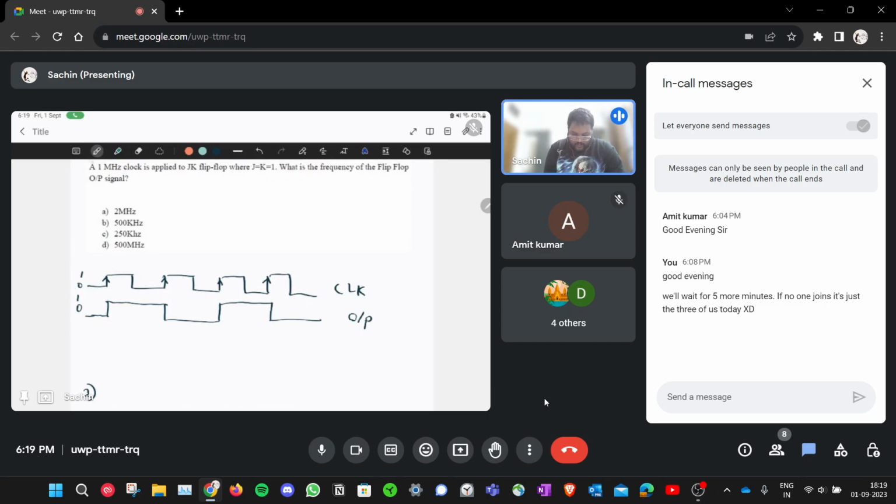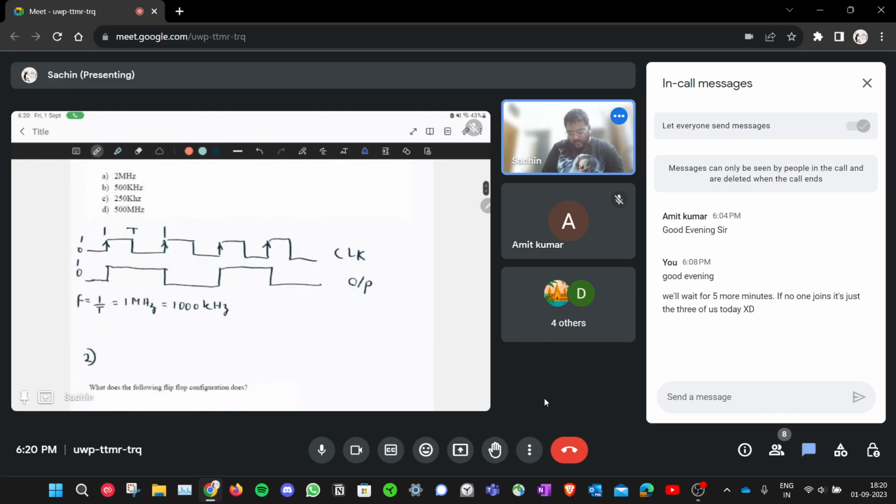So a 1 megahertz clock means that the time period is 1 over 10 power 6. Let's say this time period is t, and frequency is 1 over time period, which is 1 megahertz, that is 10 power 6 hertz, or you could say 1000 kilohertz. What about the output signal?